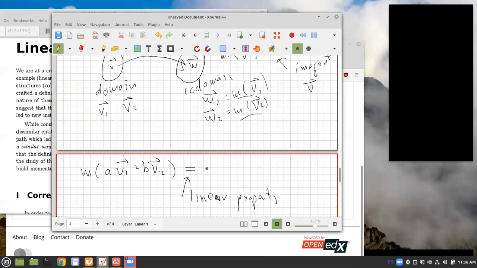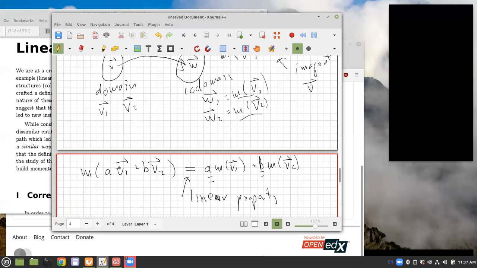So this has to equal A M of V1 plus B M of V2. So the image of a linear combination is the same linear combination of the images. That is, you've got the same coefficients.